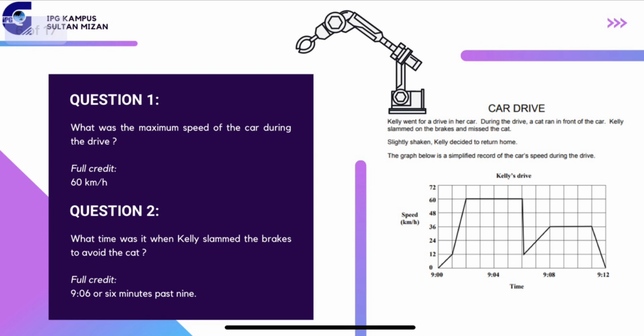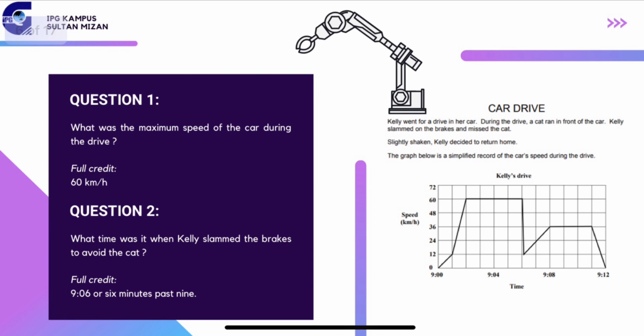Therefore, we need to interpret the graph by looking at the highest point of the graph. We can see that 60 km per hour is the highest speed that Kelly can reach.